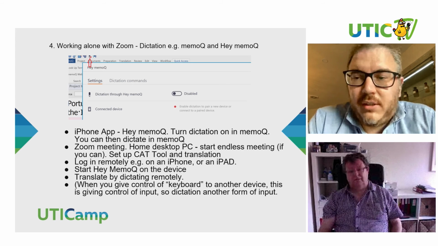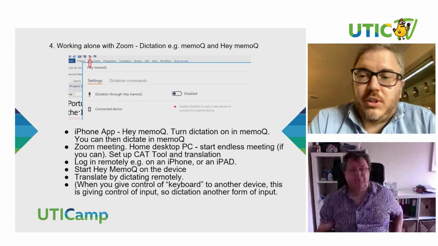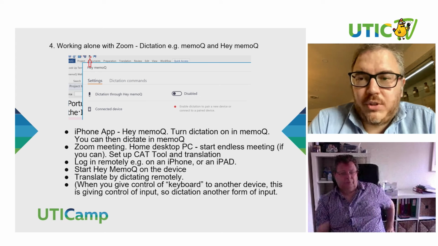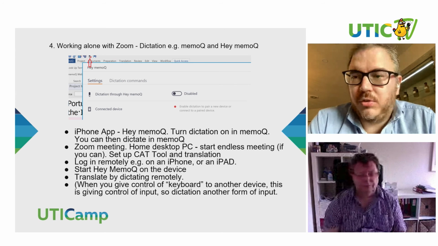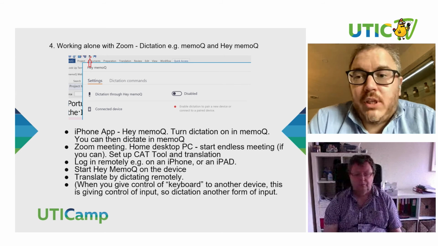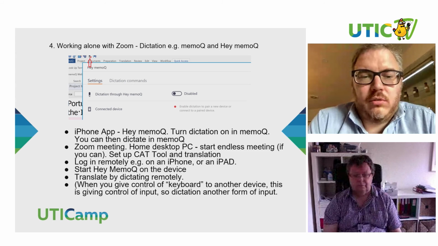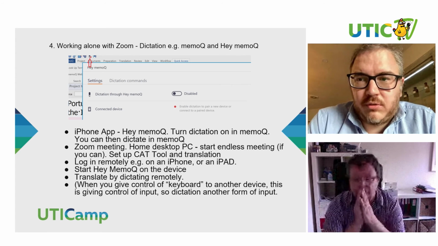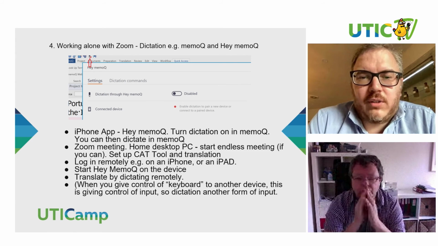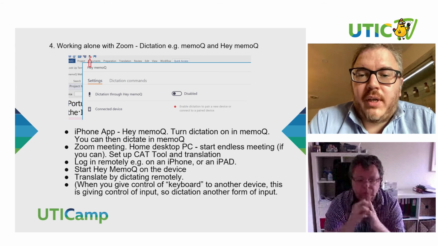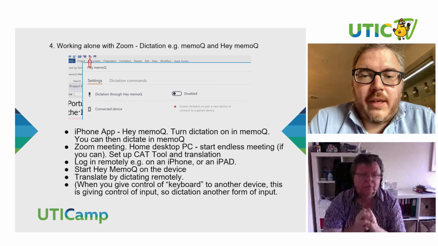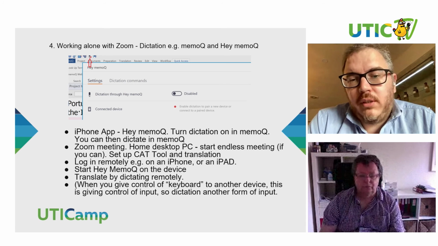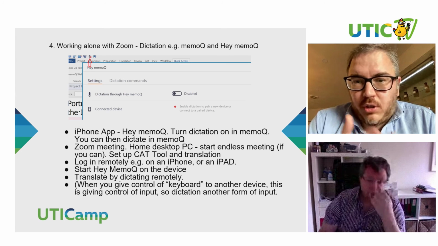Yeah. So regarding dictation, this is just to sum up what we showed in the demo. You can use the iPhone app for MemoQ, which is for anyone who uses MemoQ. It's a free app, so you don't need to pay anything else. So if you already have MemoQ, you can use it right away, as long as you have an iPhone. So this is just for iPhones. You can turn dictation on in MemoQ, and you can start dictating in MemoQ. You can use a Zoom meeting, as we showed.